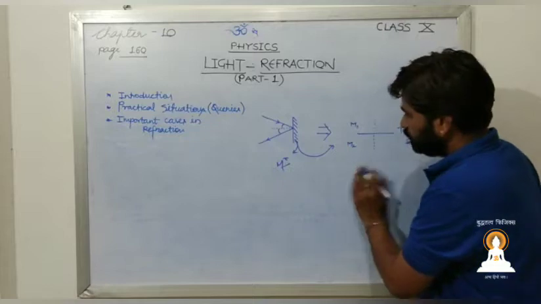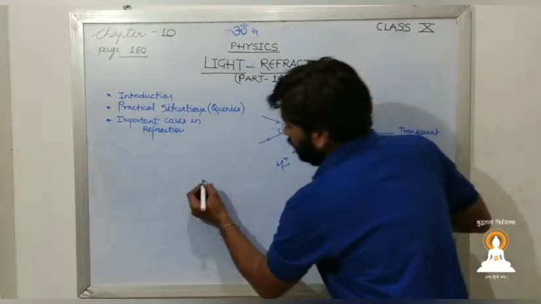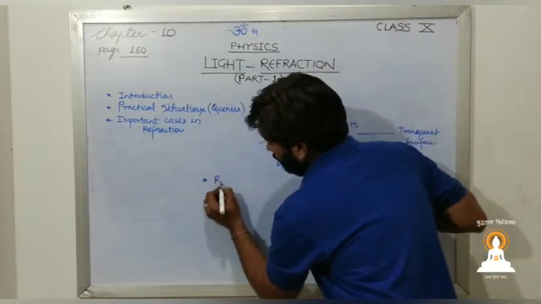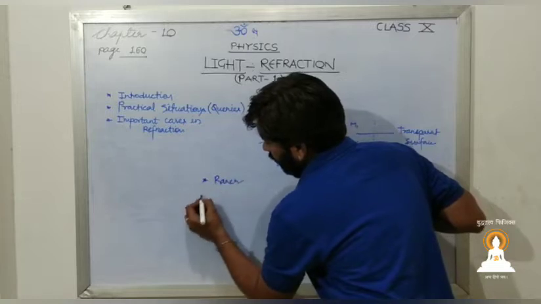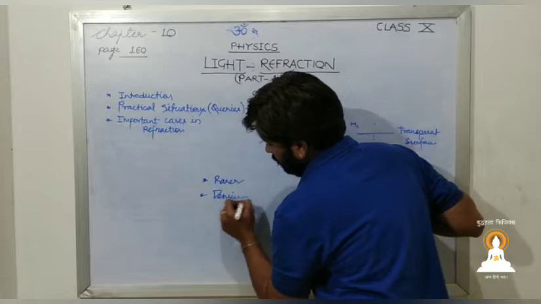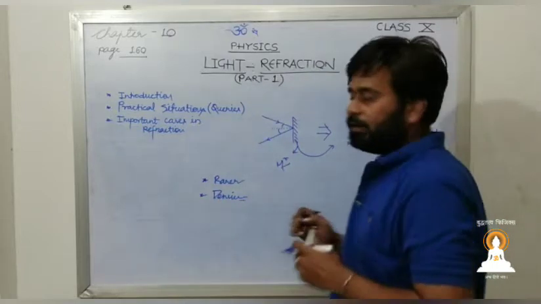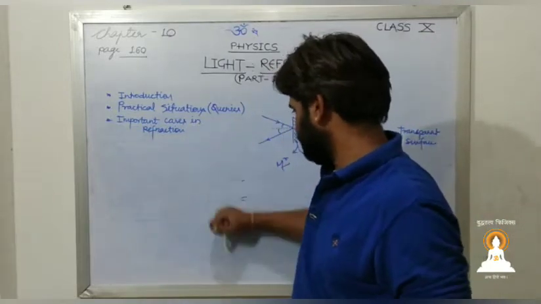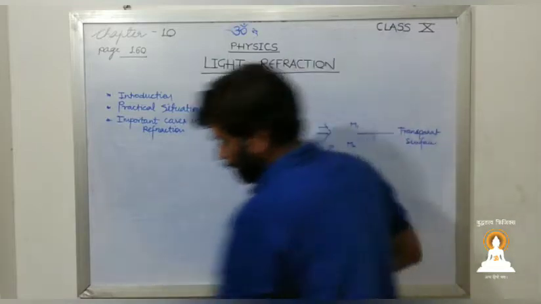Basically we have two types of mediums here. One is rarer, another one is denser. So what is rarer and what is denser? Let us see.